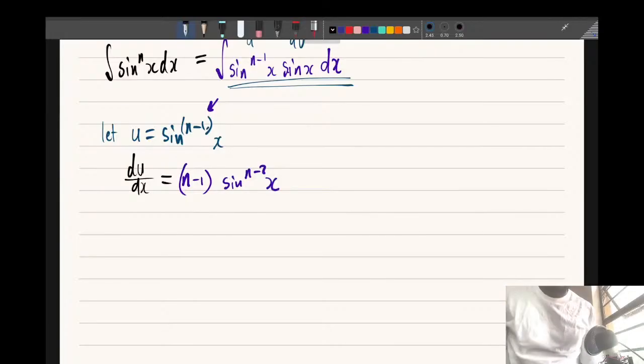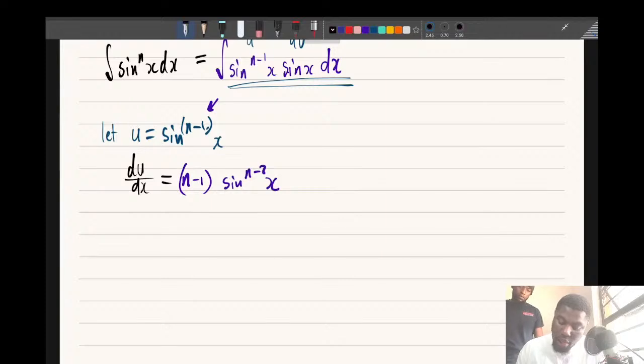So now we are putting this. Can you see? Look, you just have to do it this once. You don't have to keep doing it. This becomes uv. What is my u? Sine to the n minus 1, times v.